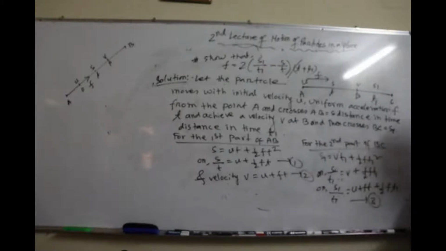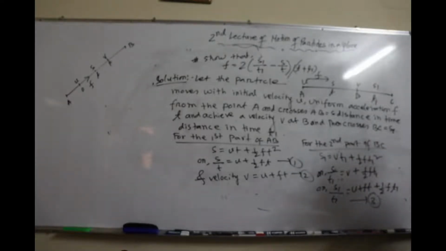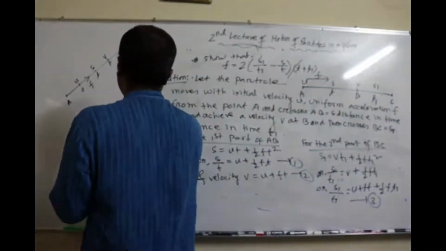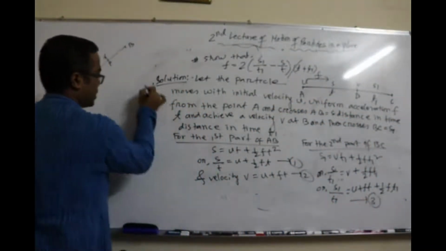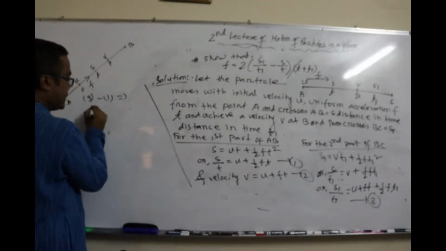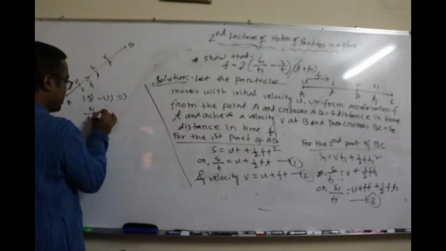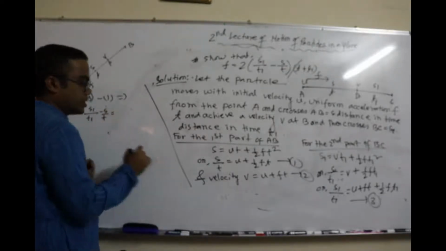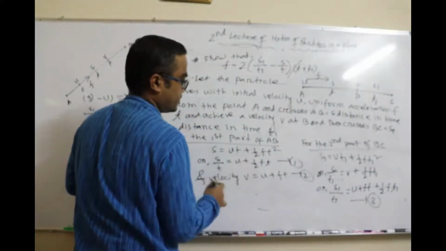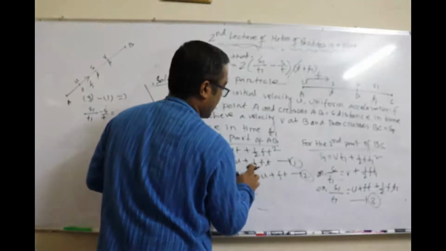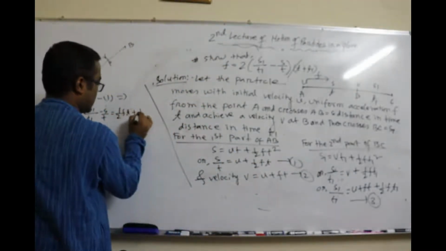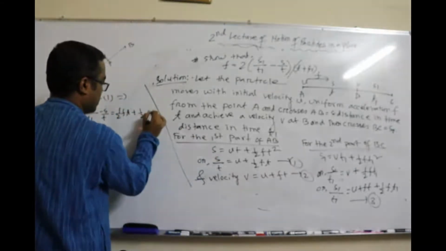So 3 minus 1, we get s1 by t1 minus s by t equal to, here u also there, here also u there. So u cancels, and ft minus half of ft, it will be half of ft plus half of ft1.